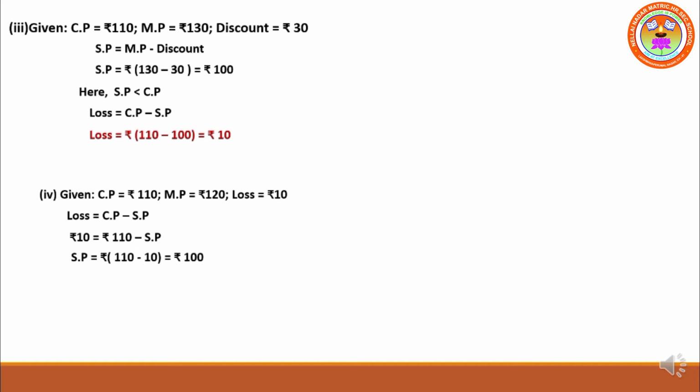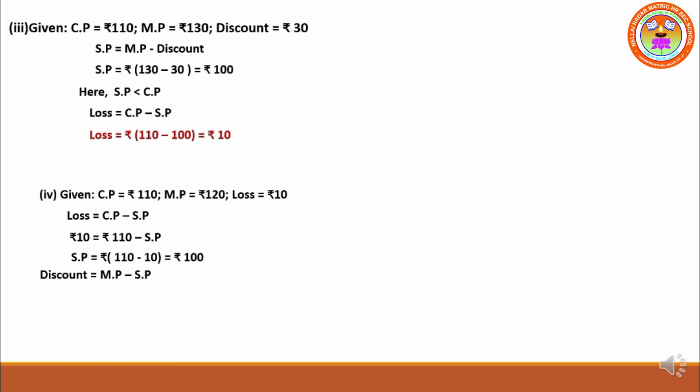I have to subtract 110 minus 10 so that my SP is 100 rupees. Yes, children, understood? Now, I have to find discount. Discount is equal to MP minus SP.